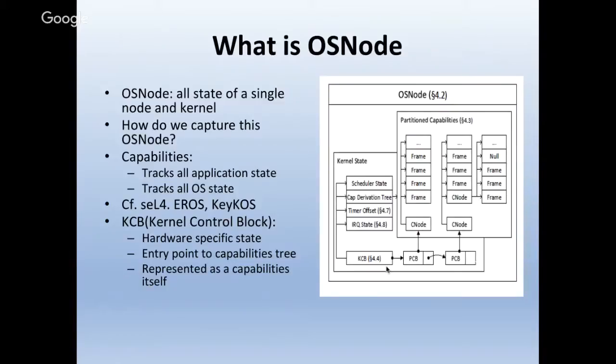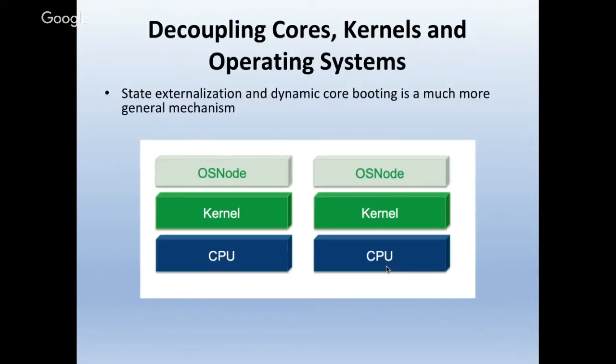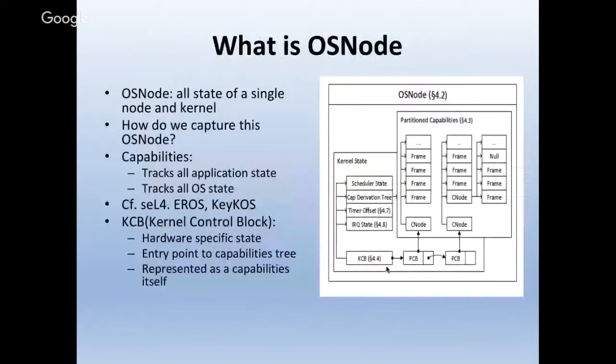So this captures all access information and memory allocations about applications. All per-core state in the kernel can now be accessed through this structure or reconstructed from the capability trees.